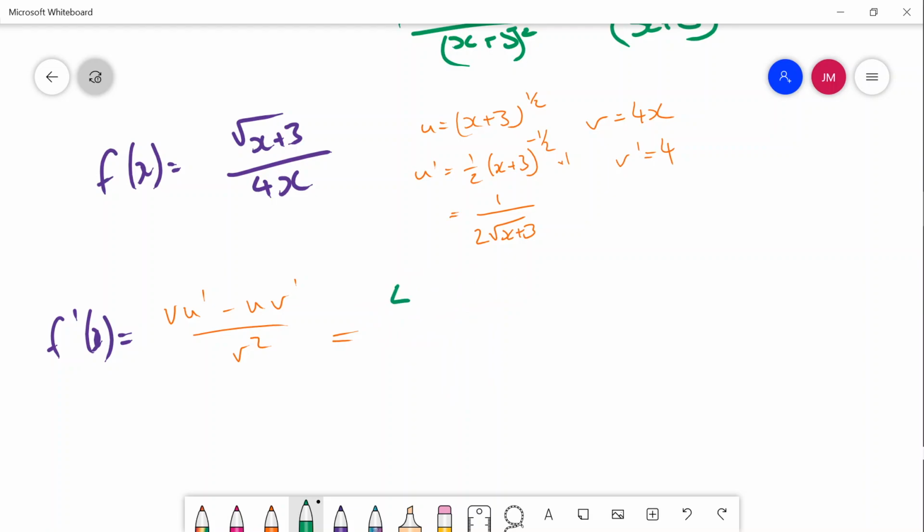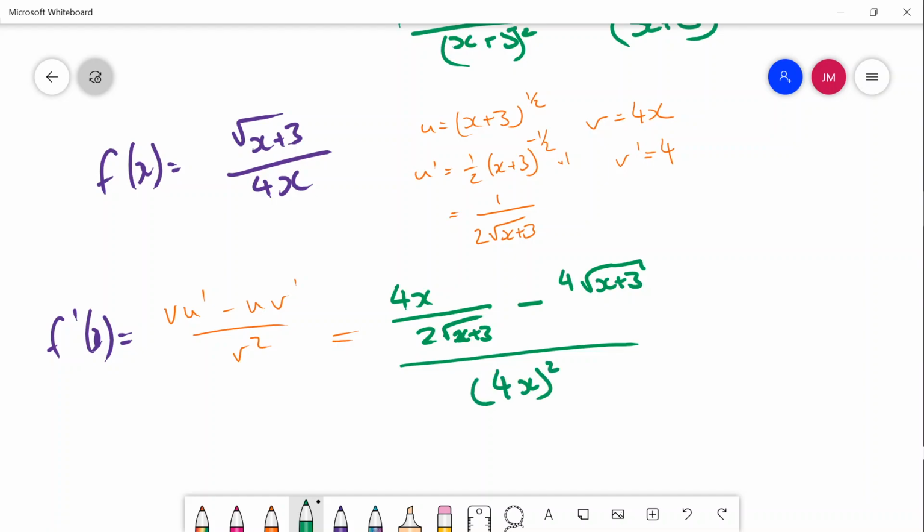It should have been v first, 4x, times u dash, which is a half, or 2x, so it's x plus 3 in the square root down the bottom, isn't it? And then a minus u, which is the square root of x plus 3, multiplied by v dash, which is 4, and then all of that divided by v squared, which is 4x all squared.